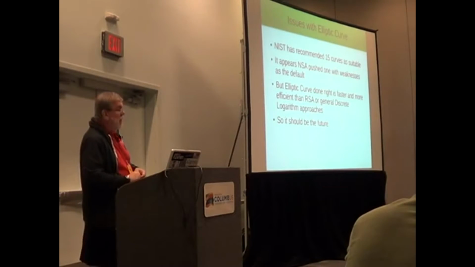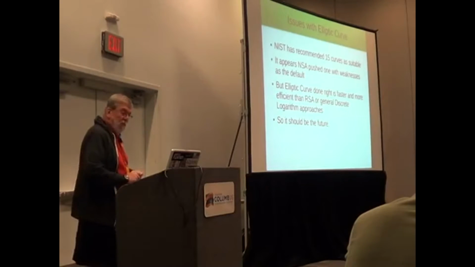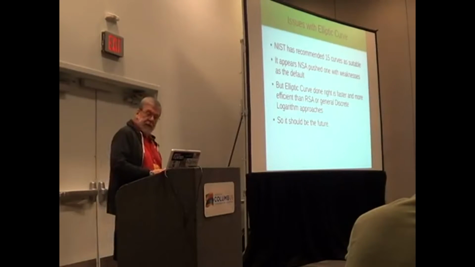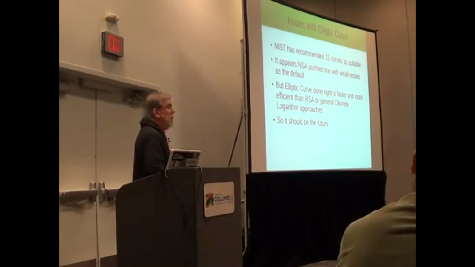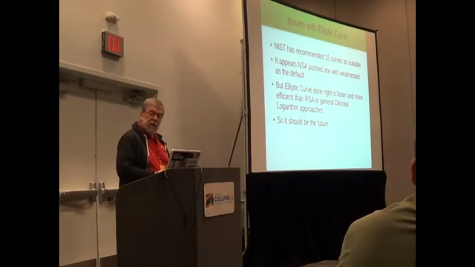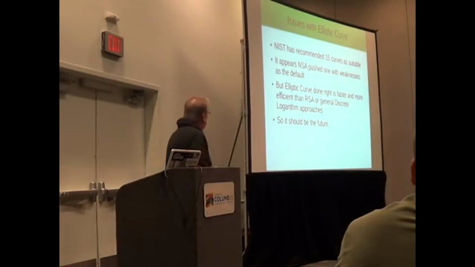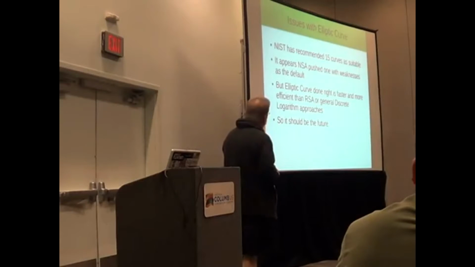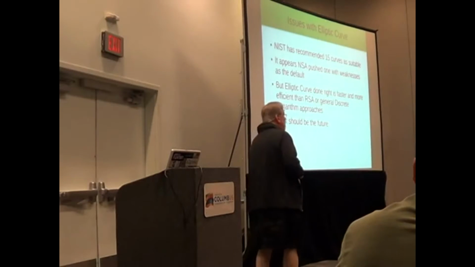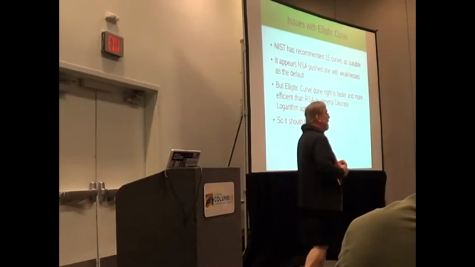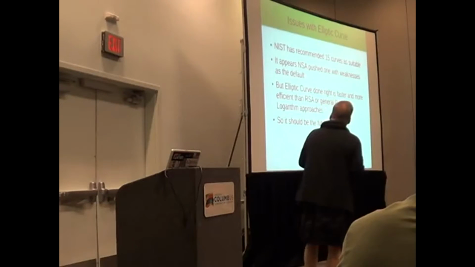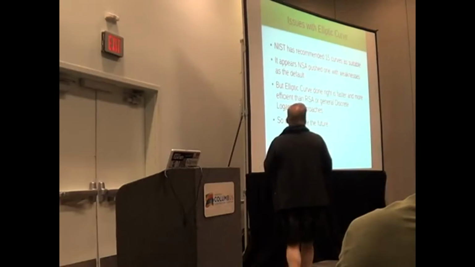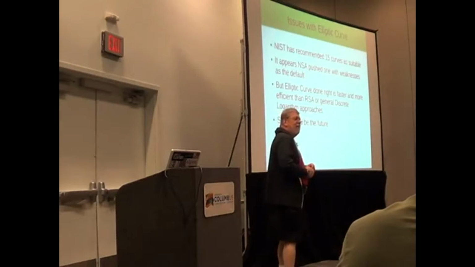Now there have been some issues here. National Institute for Standards and Technology recommended 15 curves as suitable. Unfortunately, NSA was involved in this process of selecting these curves. And they pushed one that even at the time people were going, why on earth did they pick that one?